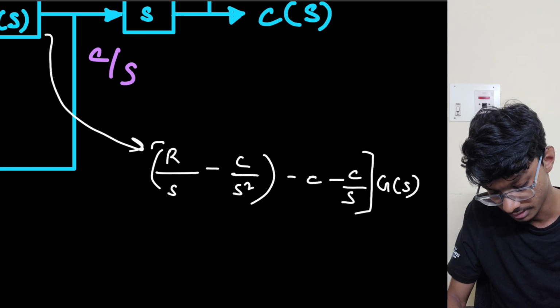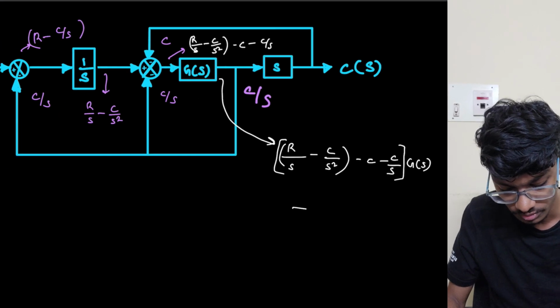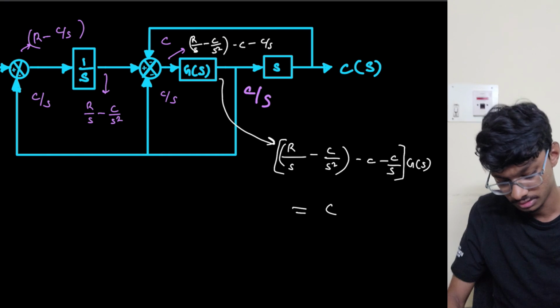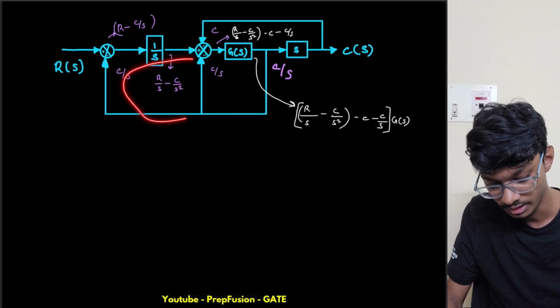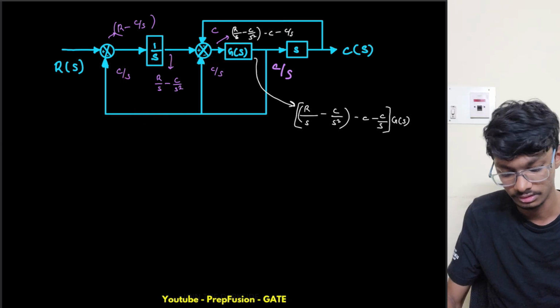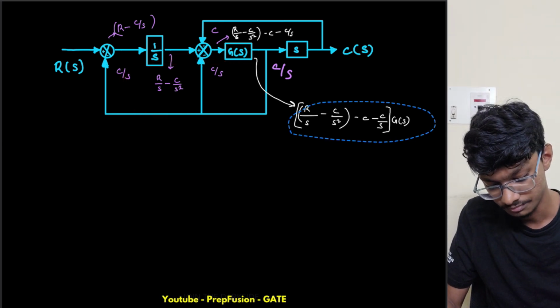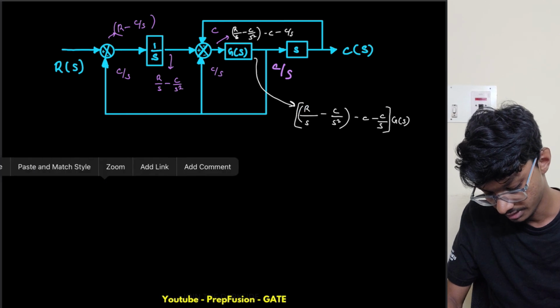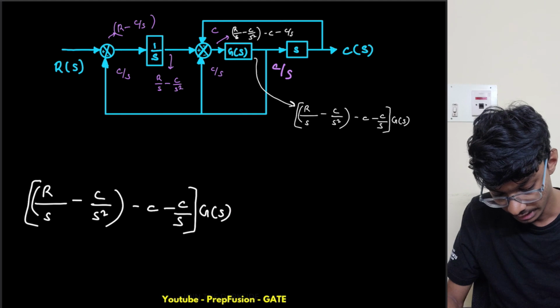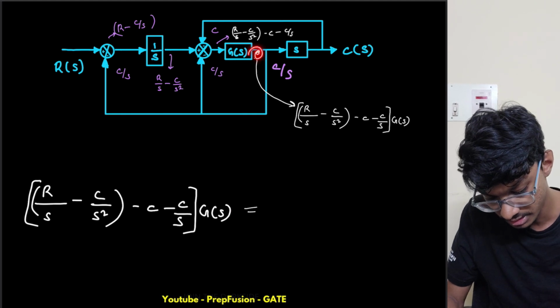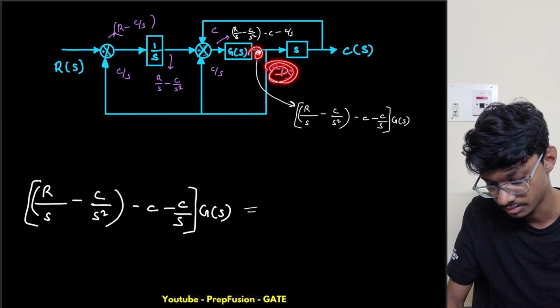This whole thing is getting multiplied by g of s, which is equal to C by S only. So I will copy this and solve this equation right now. I hope you are understanding the flow. Copy and paste this over here, enlarge this times g of s. This times g of s is the output here, and this output is equal to C by S only.